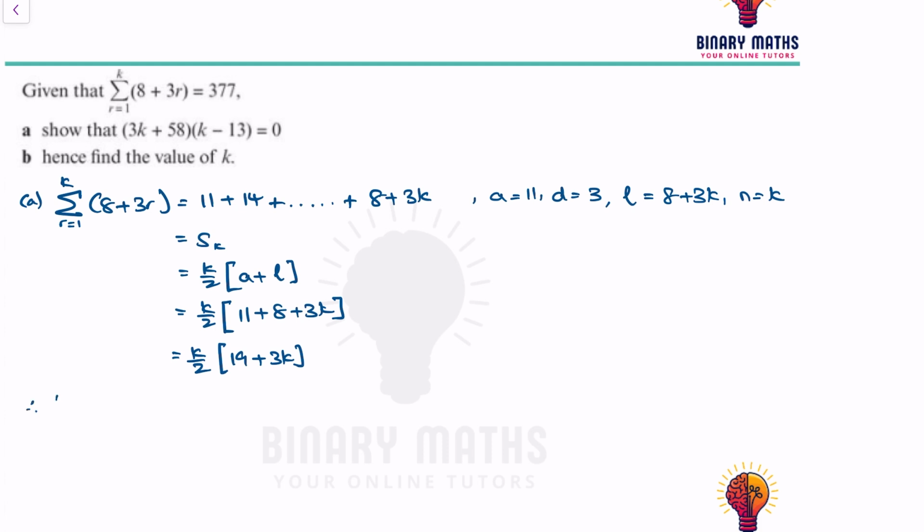So therefore, k over 2 times 19 plus 3k must be equal to 377. So if I times by 2, I get k times 19 plus 3k is equal to 754. If I expand the bracket, I get 3k squared plus 19k. If I move the 754 to the other side, I get minus 754 is equal to 0.